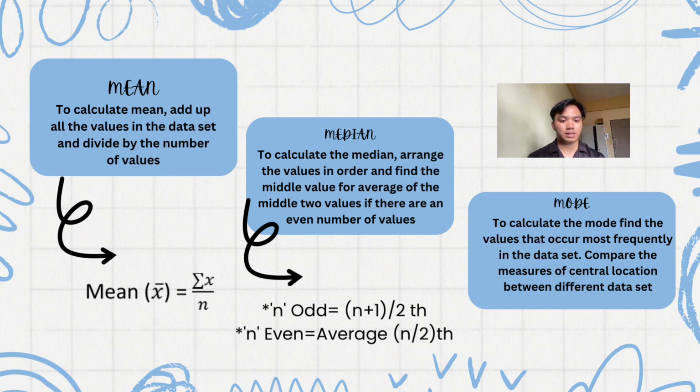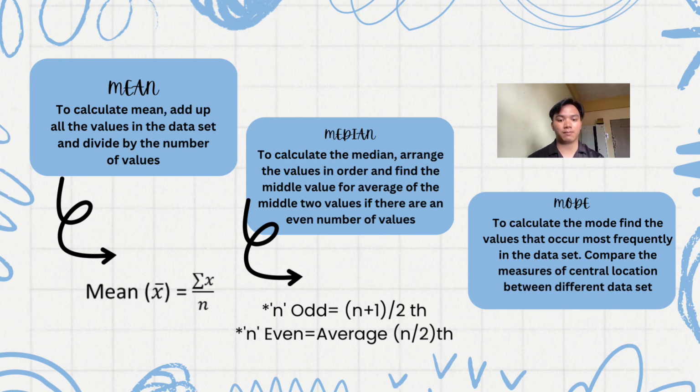Second is the median, the middle value when data is arranged in ascending order. For an odd-numbered data set, it is the central value. For an even-numbered data set, it is the average of the two middle values.